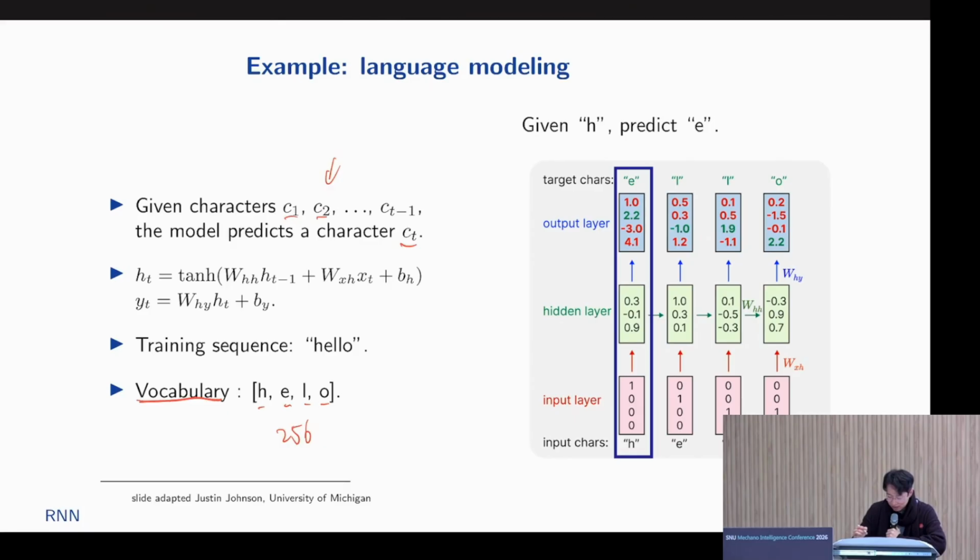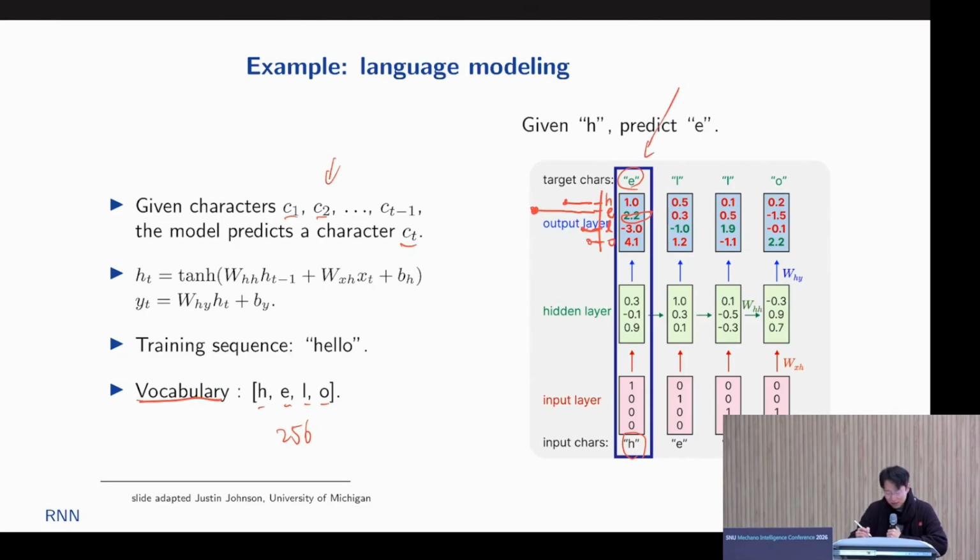So given the sequence hello, we input the first character H, and it's supposed to output a probability distribution over the characters: H, E, L, O. We want the score for the correct next character to be higher than the scores for the other characters.